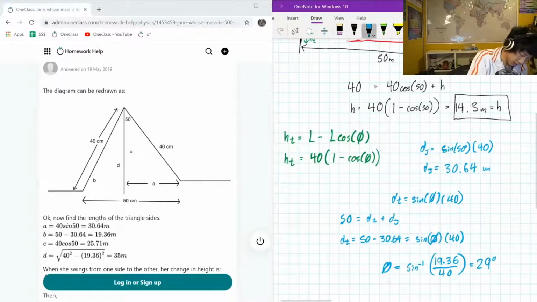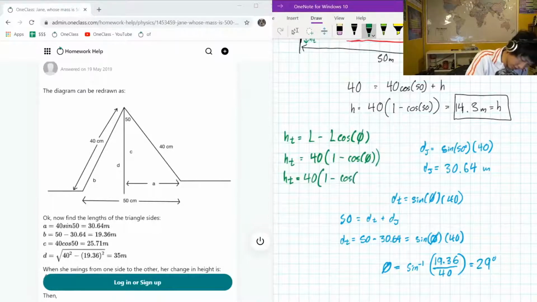So let's go back to green. One minus cos 29 degrees, calculating that ASAP fast.